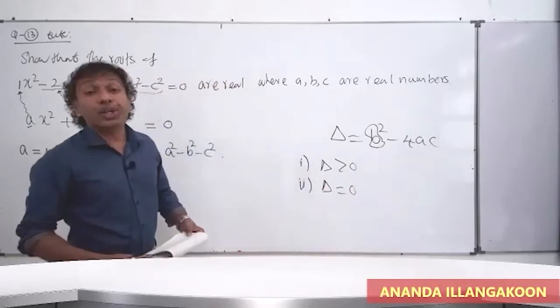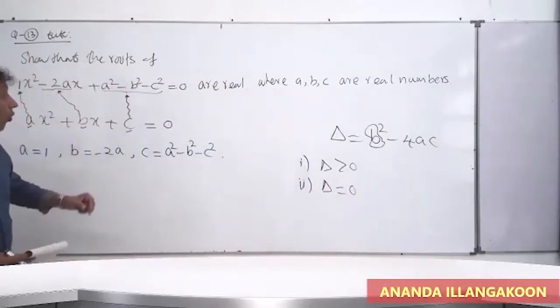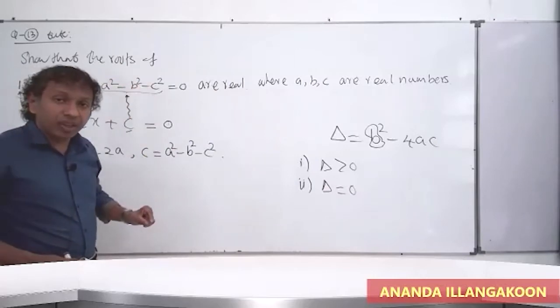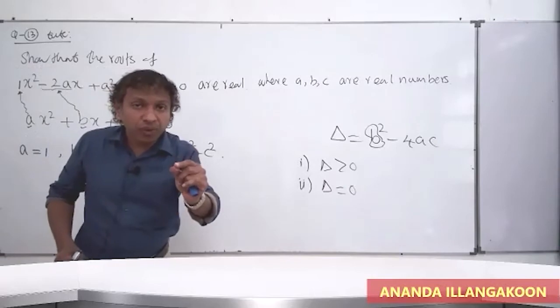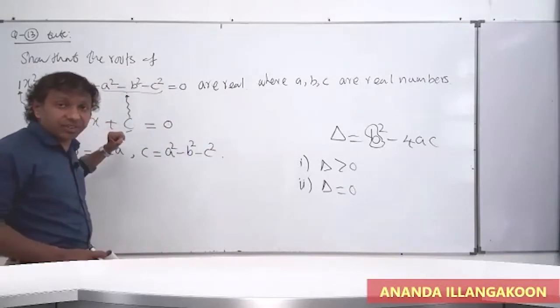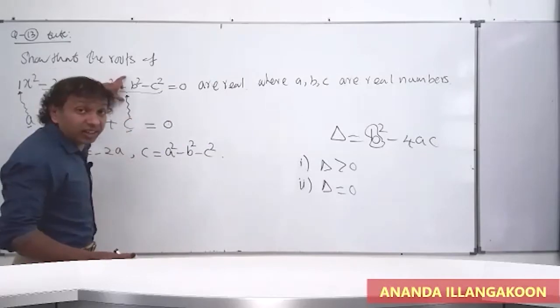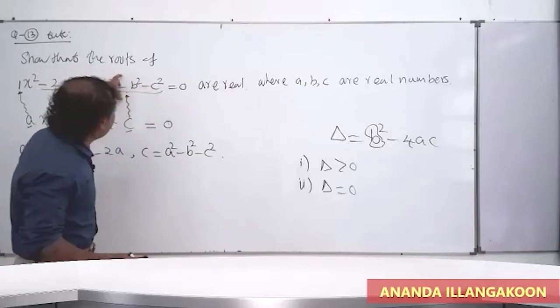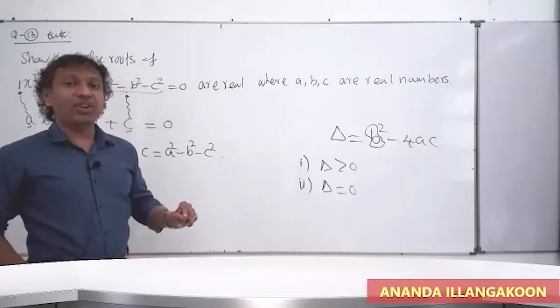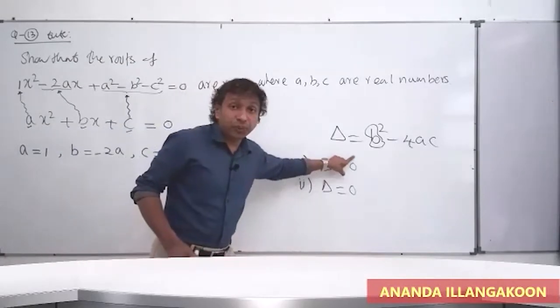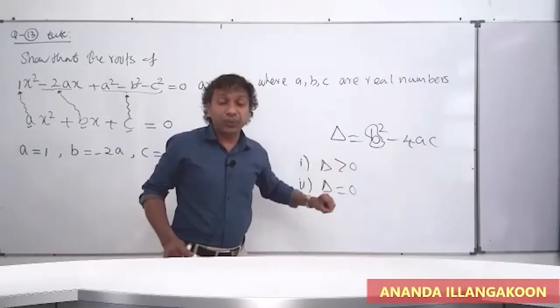Then in order to show that this equation has real roots, people, we have to prove the discriminant of this quadratic equation, delta, is either positive or 0.